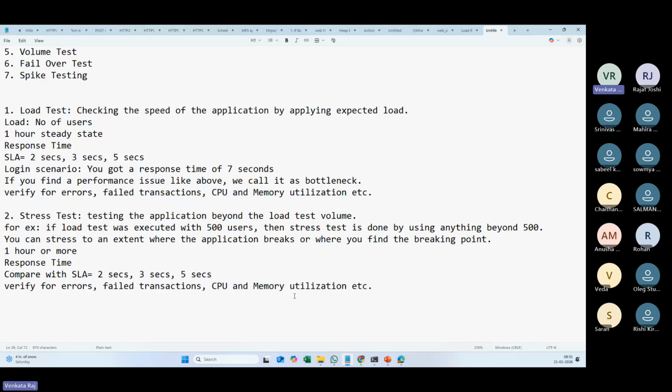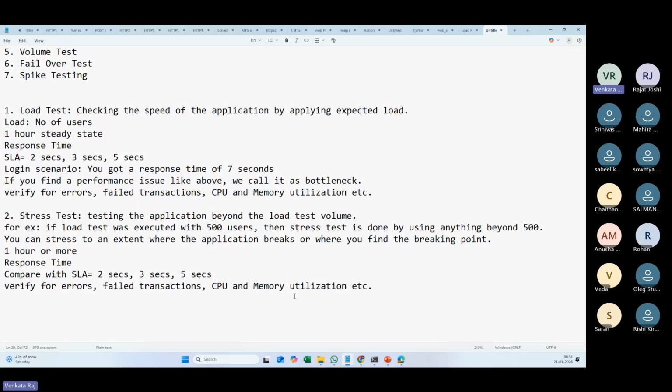For everyone who was not able to hear the question properly, the question was: who will decide, and how will we decide, whether we need to run the stress test until it breaks, or run the stress test with some X number of users.